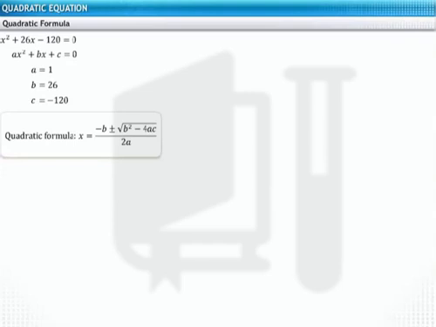The quadratic formula is x is equal to minus b plus or minus square root of b squared minus 4ac divided by 2a. On substituting the values of a, b and c in the formula, you get x is equal to minus 26 plus or minus square root of 26 squared minus 4 times 1 times minus 120 divided by 2 times 1.